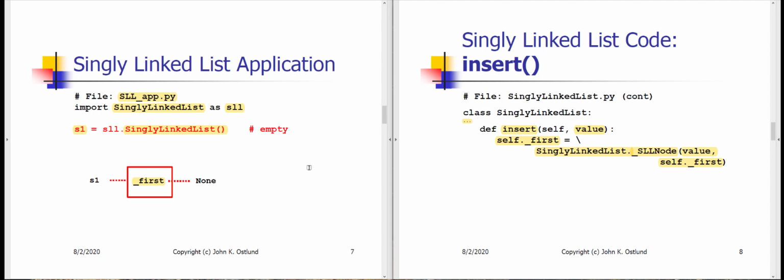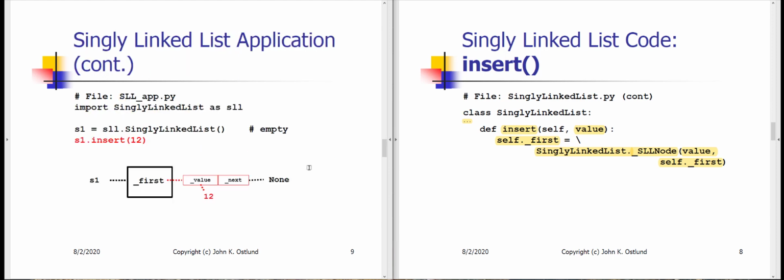All right, let's take a look at what's happening here in our application. Here in the application, we have added this insert line. Okay, here's our SLL app.py application. As before, we're starting out by creating an empty singly linked list object. S1 is referring to that empty singly linked list object. And when we say S1.insert(12), 12 is our value.